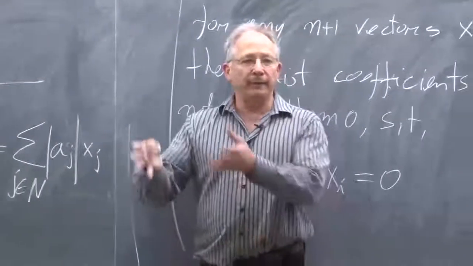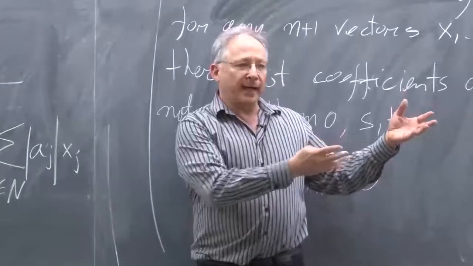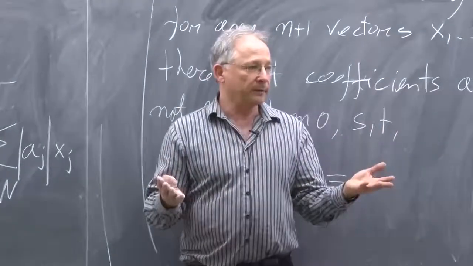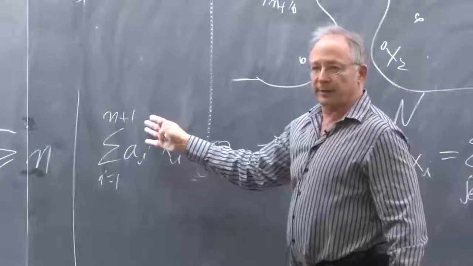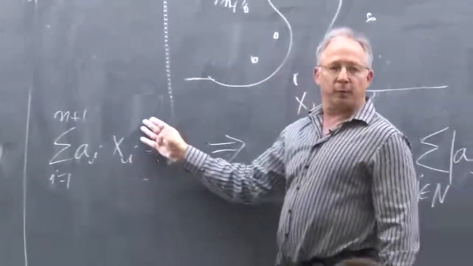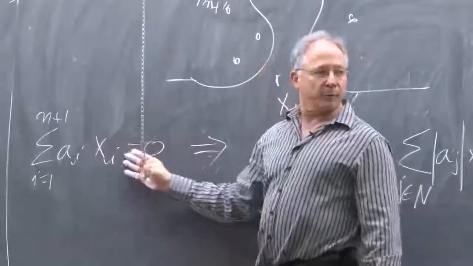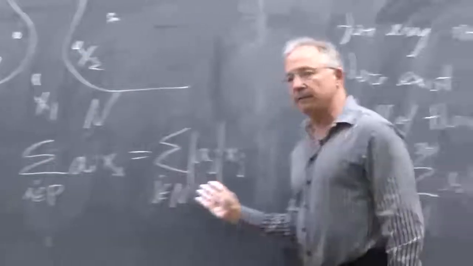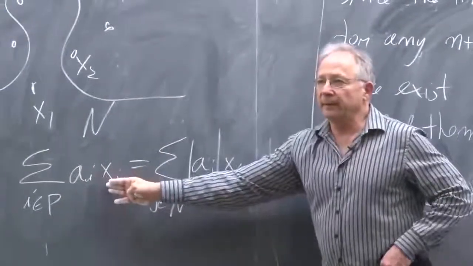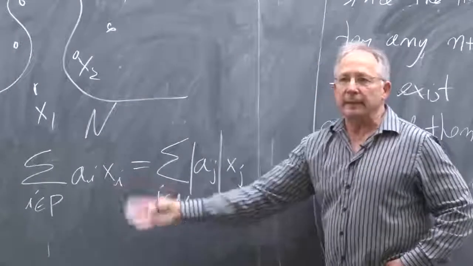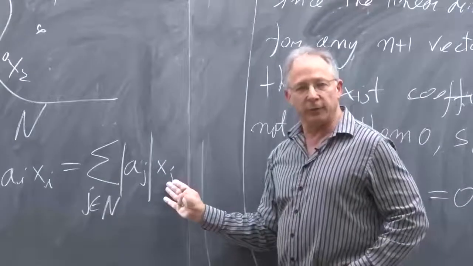So if I take all the negative coefficients and move them to the other side, the two sides will be equal. This is just the sum of the points in P minus the sum of the points in N. So I get that the sum of the points with the positive coefficients equals the sum of the points with the negative coefficients.